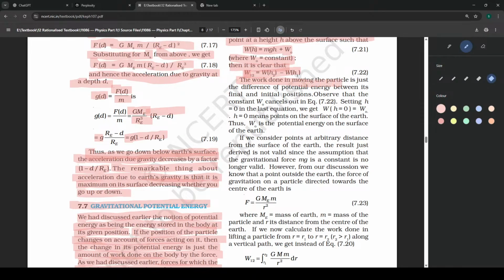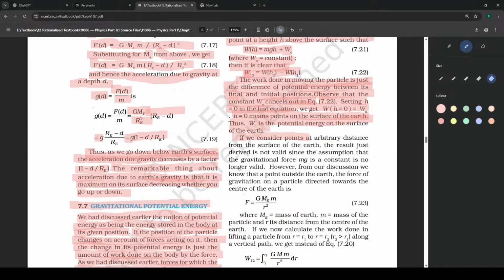The work done in moving the particle is just the difference of potential energy between its final and initial positions. Observe that the constant W0 cancels out in equation 7.22. Setting h equals 0 in the last equation, we get W_h0 equal to W0. h equals 0 means a position on the surface of the earth. Thus, W0 is the potential energy on the surface of the earth.